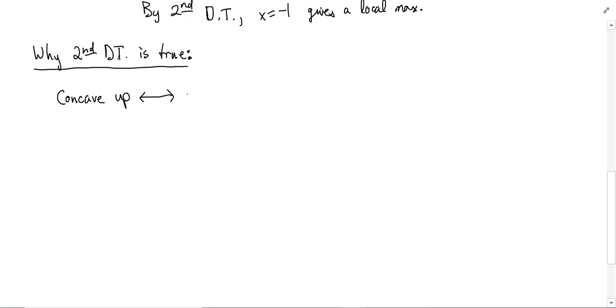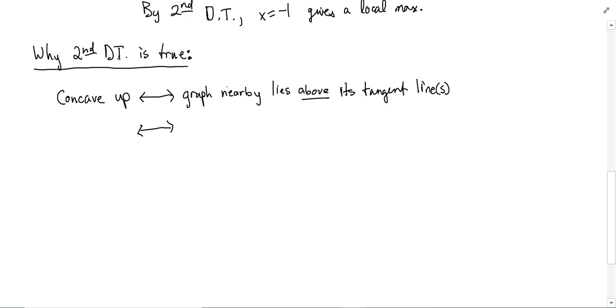So the graph nearby, at least, lies above, and that's where the emphasis is, lies above its tangent lines. So that's one way of thinking of concave up.